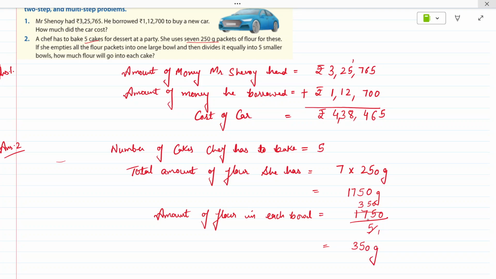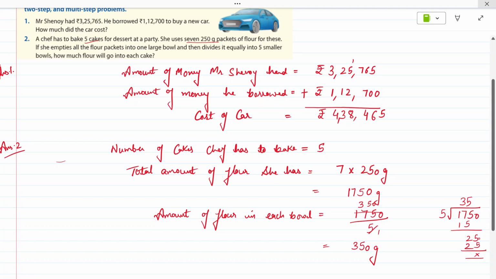This is nothing but the general division I have done. Okay, we have already done the fraction parts, the division part in our previous classes, so we know how we have to do it. What we have done is I'm dividing 1750 with 5. 5 multiplied by 3 is 15. 2 5 is 25.